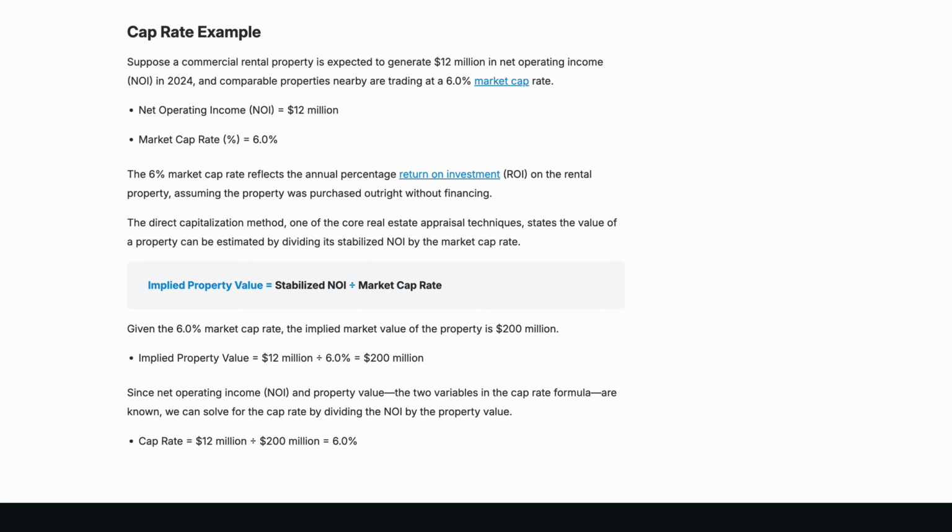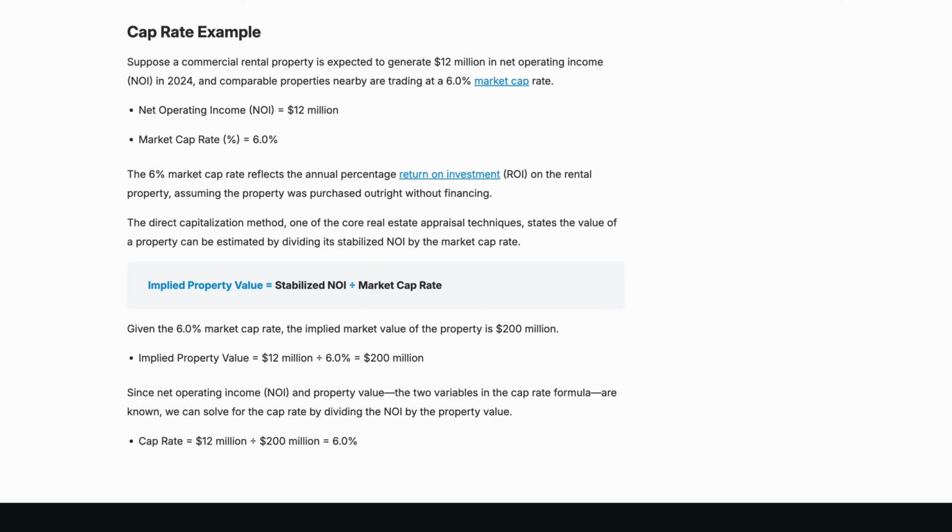The formula for implied property value is stabilized net operating income divided by the market cap rate. Given the 6% market cap rate, the implied market value of the property is 200 million. How? Implied property value is 12 million divided by 6.0%, which comes to 200 million.